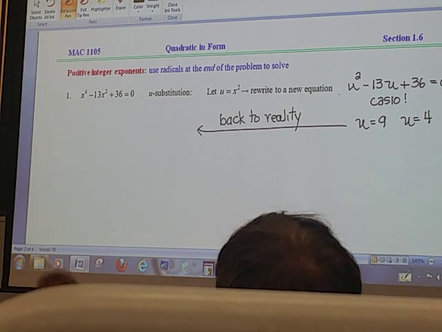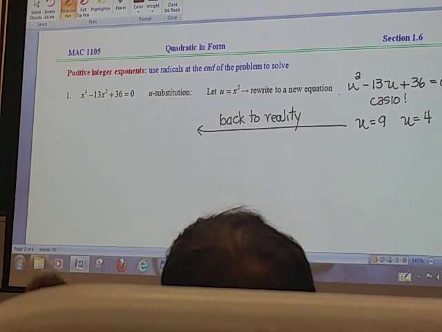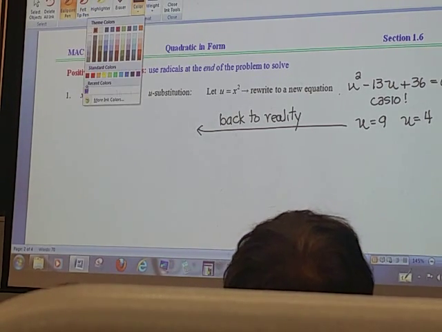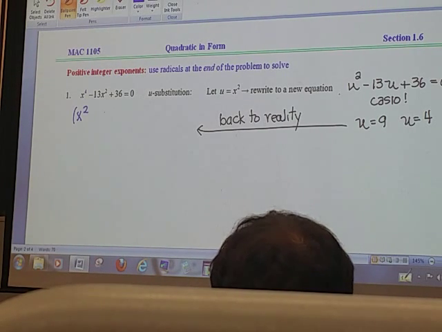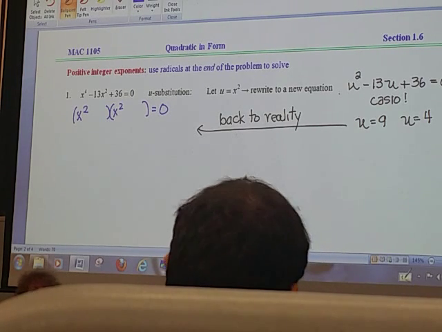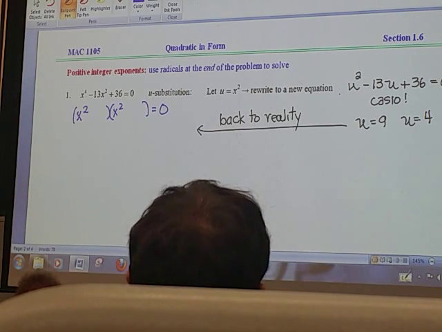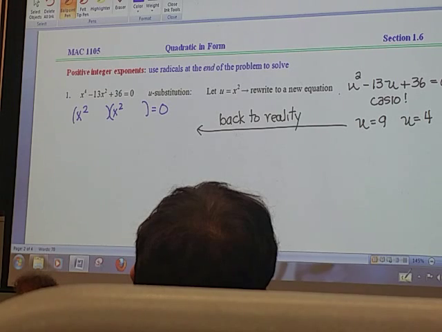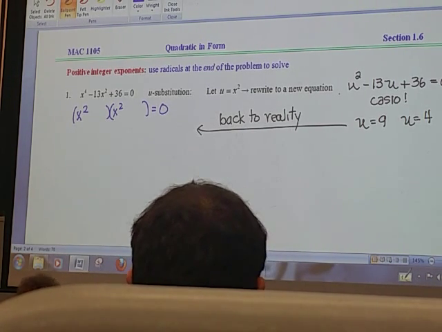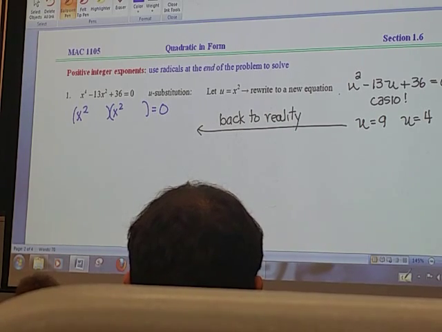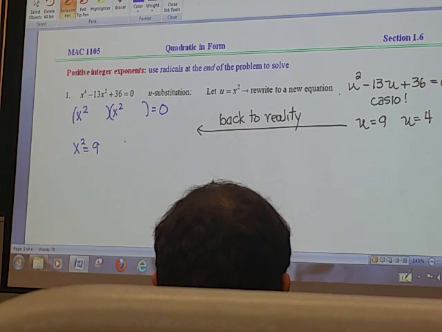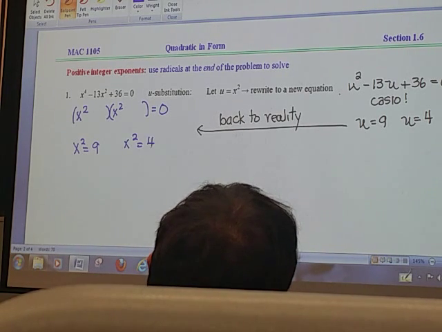Now I have to take it back to what's really there. Those are not supposed to be used. They're supposed to be what I get when I factor this. And this puppy should be factoring like that. In other words, that x to the fourth should split x squared. So that's not supposed to be u equals 9. That's supposed to be x squared equals 9 and x squared equals 4.